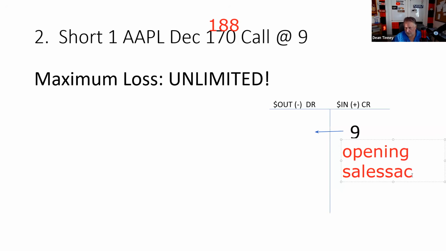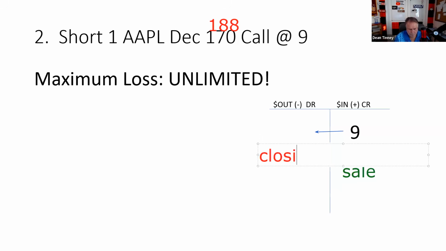So remember, if you did an opening sale, how do you close out an opening sale? By doing a closing purchase. And they say you're doing this for intrinsic value. That's why I told you that intrinsic value discussion was important, because that's the phraseology they love to throw around on the test.